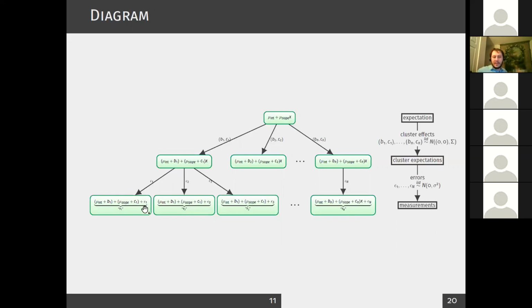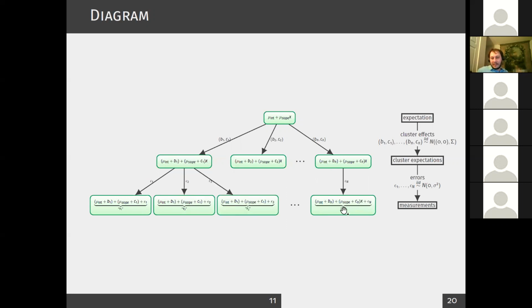So student 1 got this SAT score. Student 2 got this SAT score. Student 3 got this SAT score, and they're all from school 1, so that's why they're deviating from this same line, the line corresponding to school 1. But then you go all the way to school N, and there's a different line. And let's say capital N is the total number of actual observations.